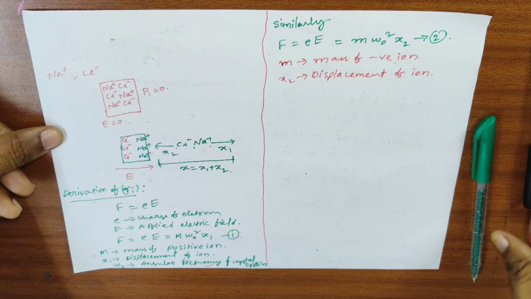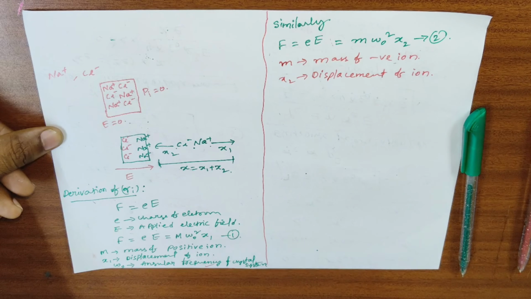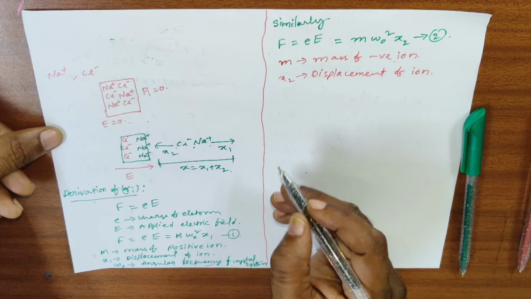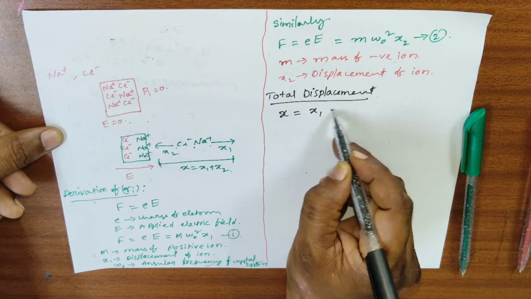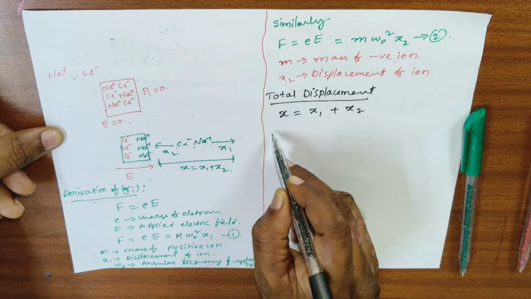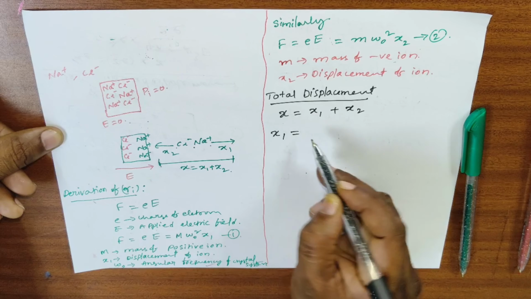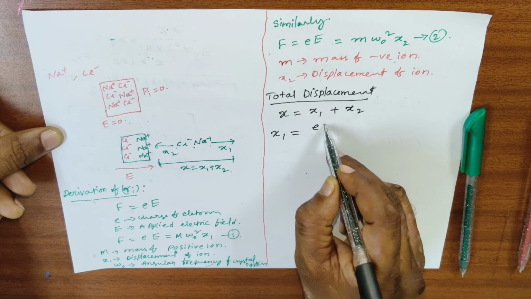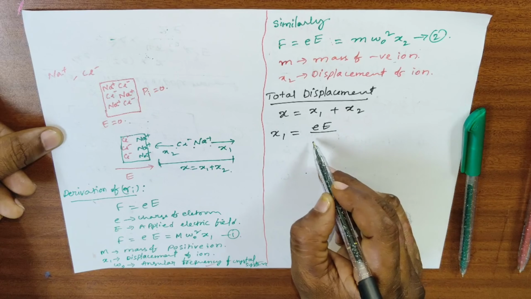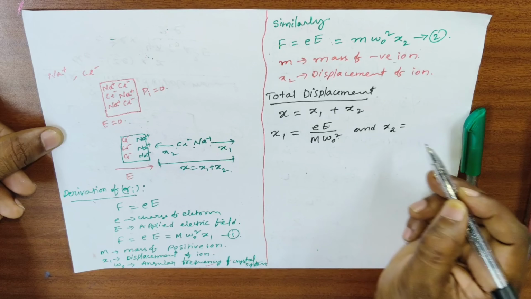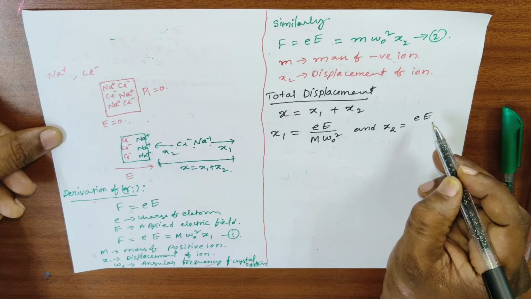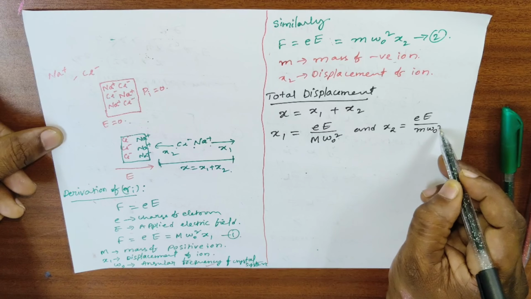Now we calculate the total displacement of the ions. The total displacement is x equal to x1 plus x2, where from equation 1, x1 equals e capital E divided by capital M omega naught square, and x2 is equal to e capital E divided by small m into omega naught square.